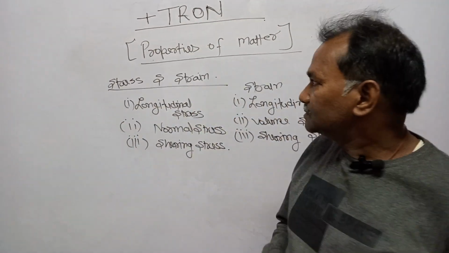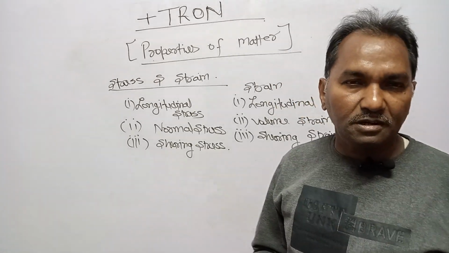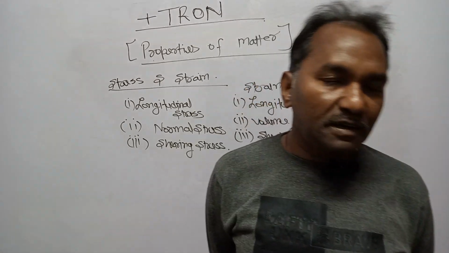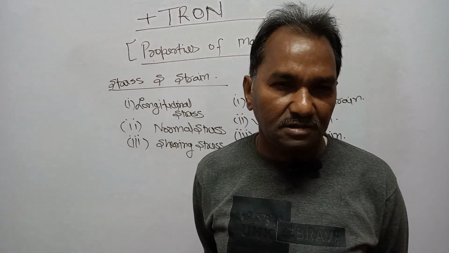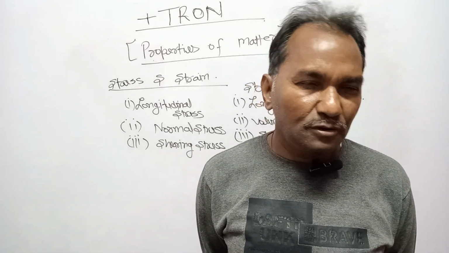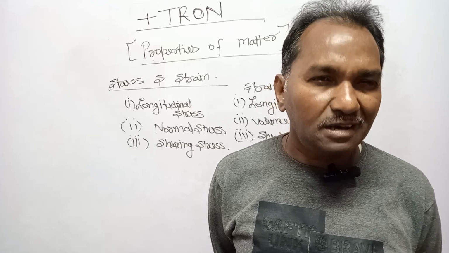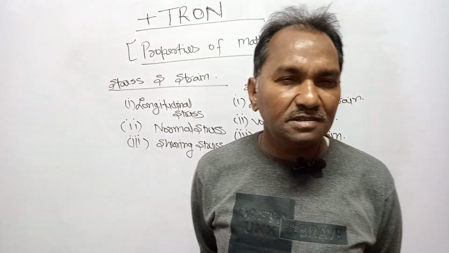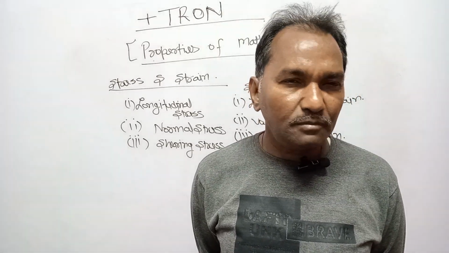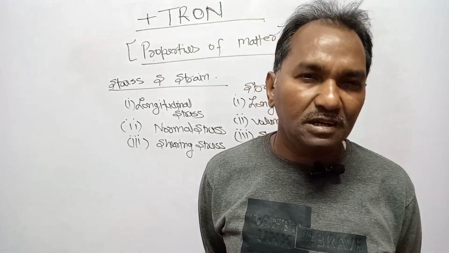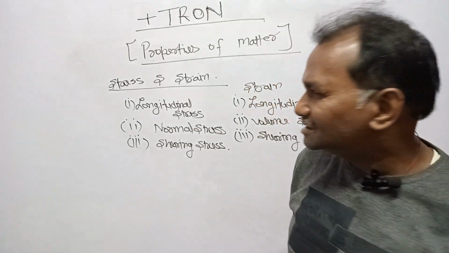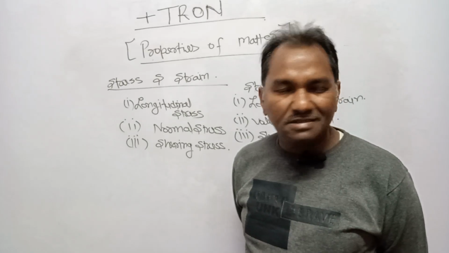Dear students, what is stress? Force per unit area is said to be the stress. Now look here, force per unit area is pressure also, and pressure is a scalar quantity. P is equal to F upon A. The normal force acting per unit area is said to be the pressure. But dear students, stress is not a scalar quantity.